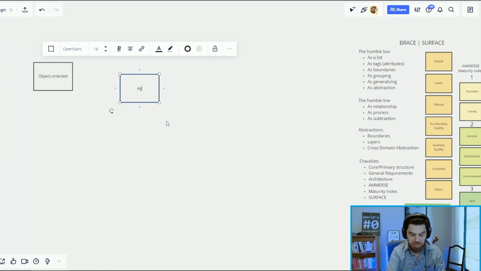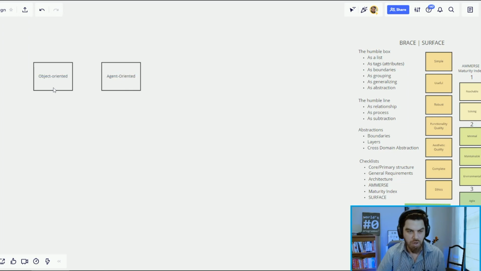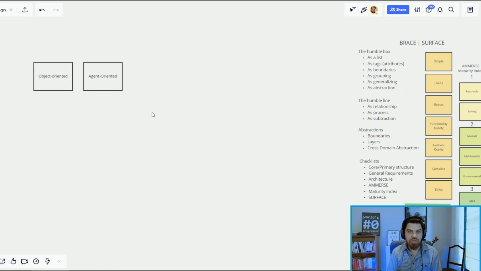We also have agent-oriented, and agent-oriented is quite different to objects, worth having a look at. We need to understand as many paradigms as possible because all the scenarios that we're faced with in different industries, different problems, require very distinct solutions.